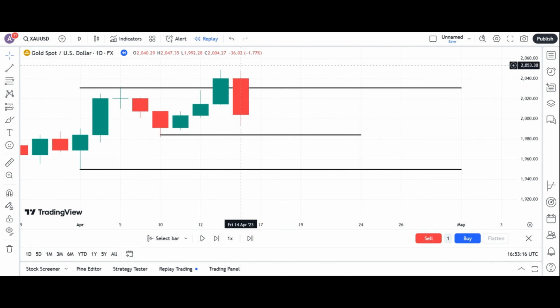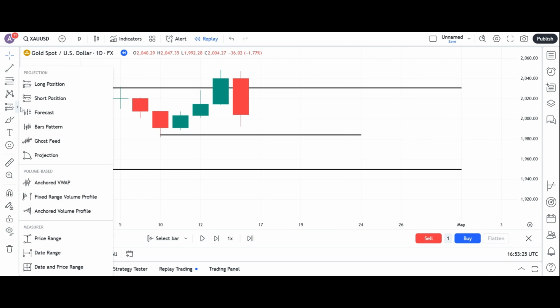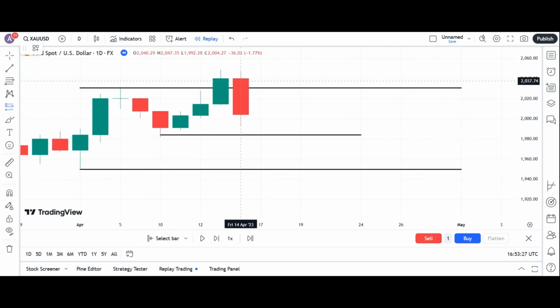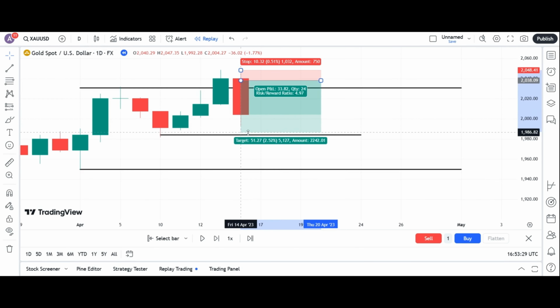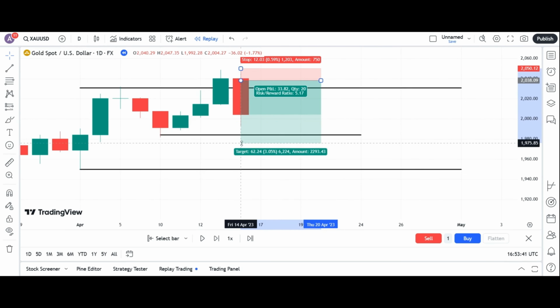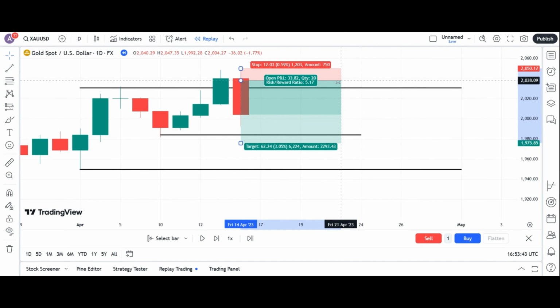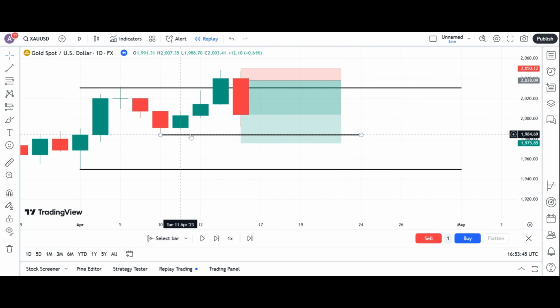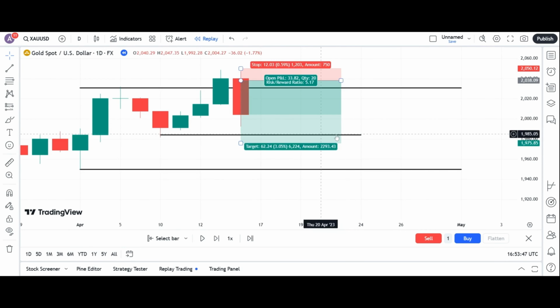And in this situation, we can expect the market to go to a lower price, and we will go for a short position from here. And I put the stop loss a little higher than the highest point of this candle, and put the target a little lower than the middle point or the lowest point of the second candle.